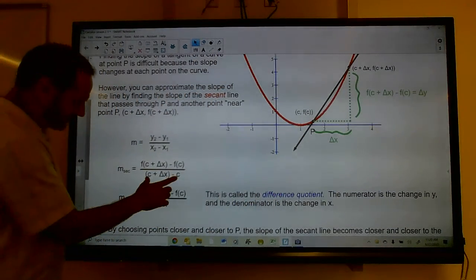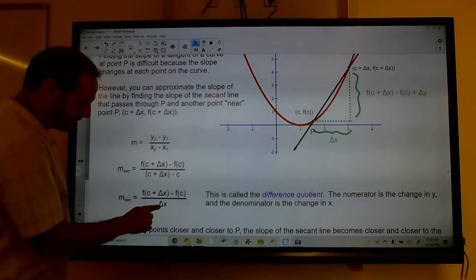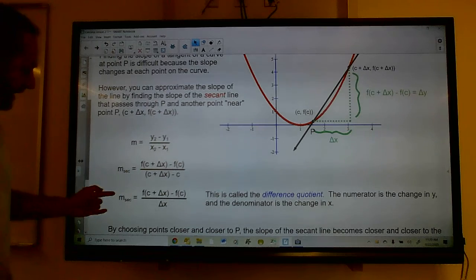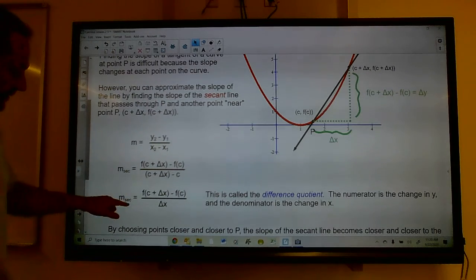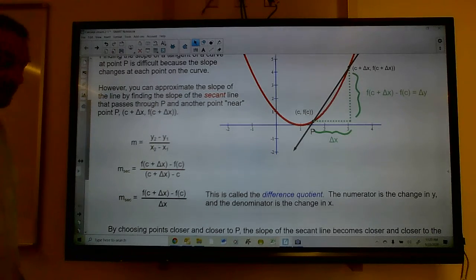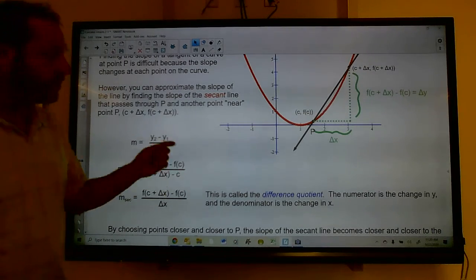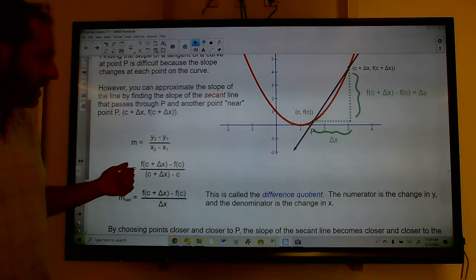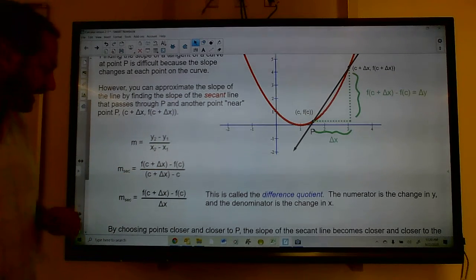Now the c minus c cancels out, and I'm just left with delta x on the bottom. So this formula, the slope of the secant, is f of c plus delta x minus f of c, divided by delta x. That's called the difference quotient. The numerator is the change in y, the denominator is the change in x.